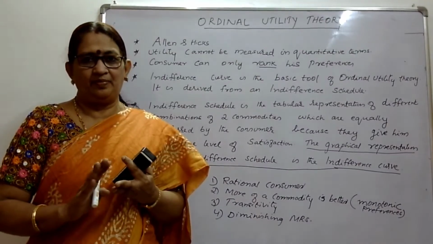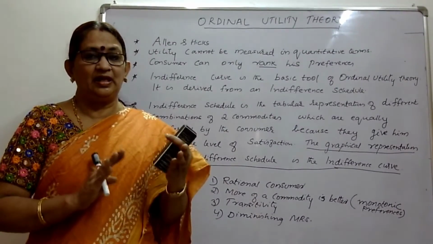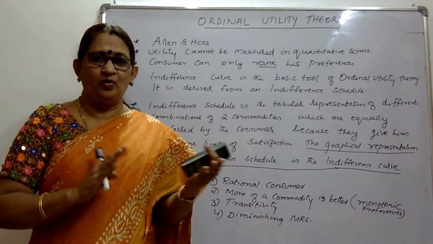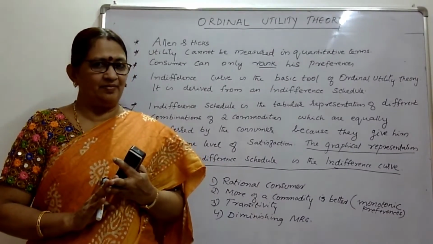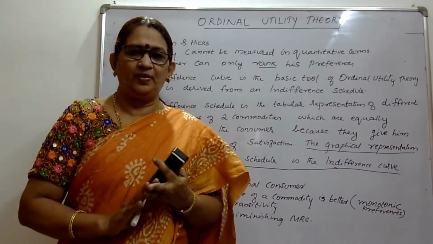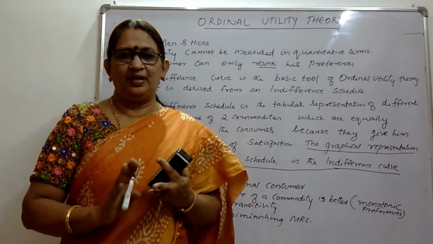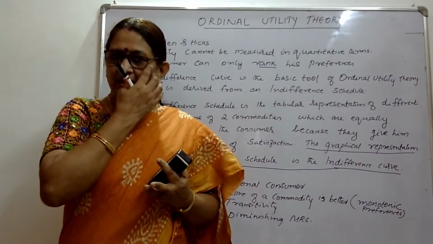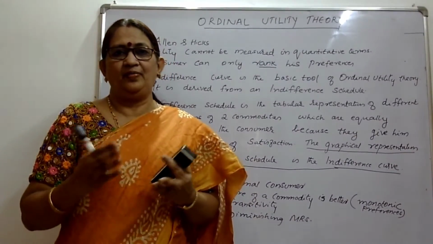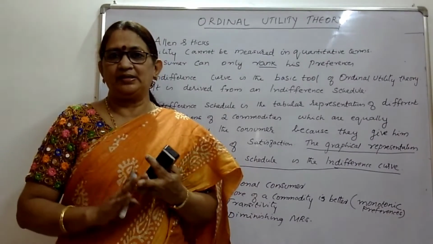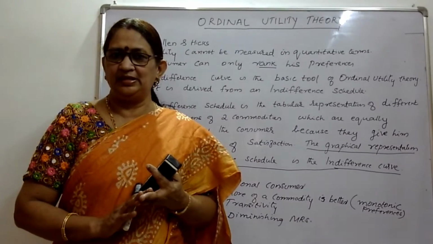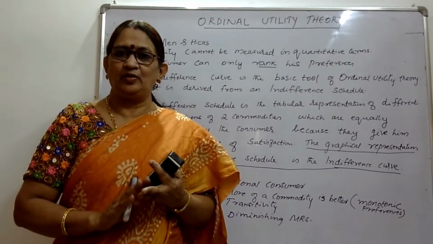That means he will not prefer 0,1 or 0,0 or 1,0 bundles, because 0 means he is not preferring that commodity. Actually, in preference he can prefer any bundle. The actual purchase depends on the level of income. Then the third assumption is diminishing marginal rate of substitution.